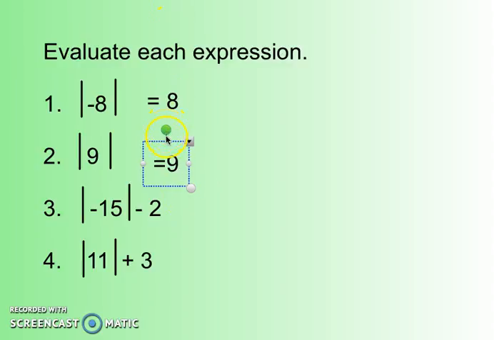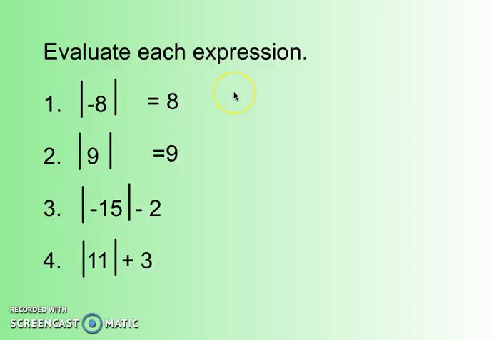Now, the absolute value cannot be negative. However, we can add on to it or take away from it, and that will change the value. For instance, notice the absolute value symbol is around -15. So what's the absolute value of -15?